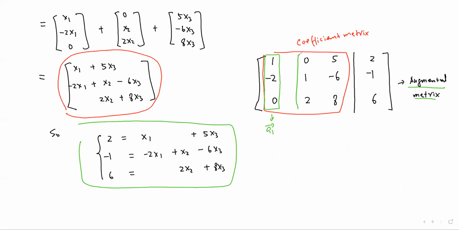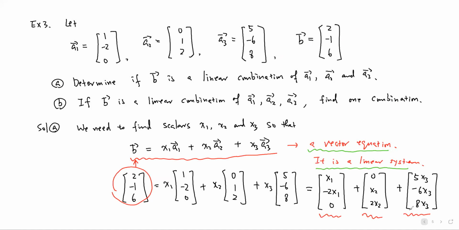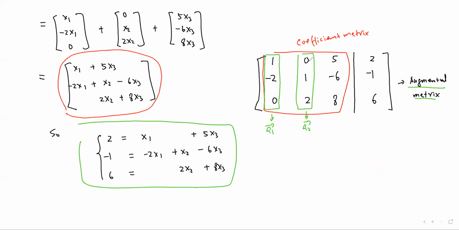The second column is vector A2, the coefficient of variable x2. Vector A2 is 0, 1, 2. The third column is vector A3.